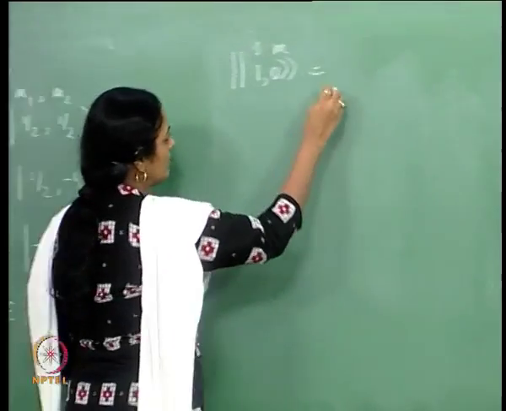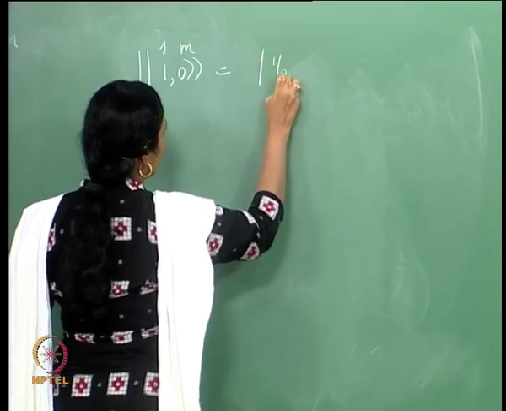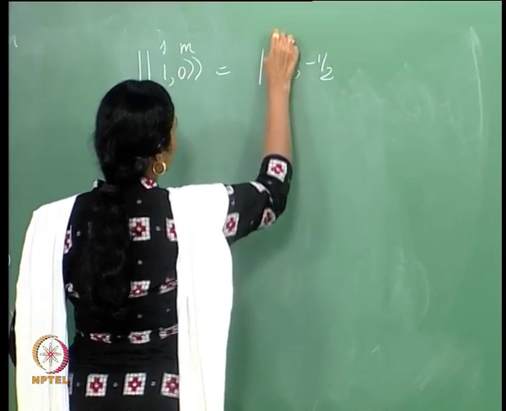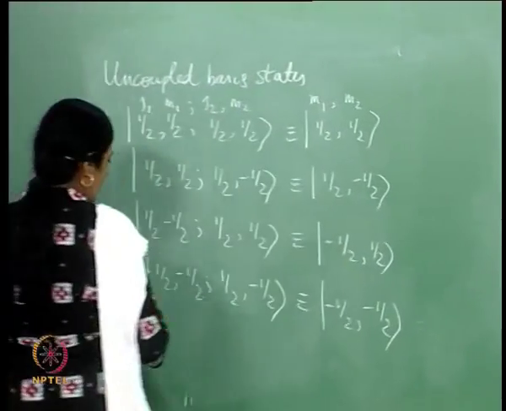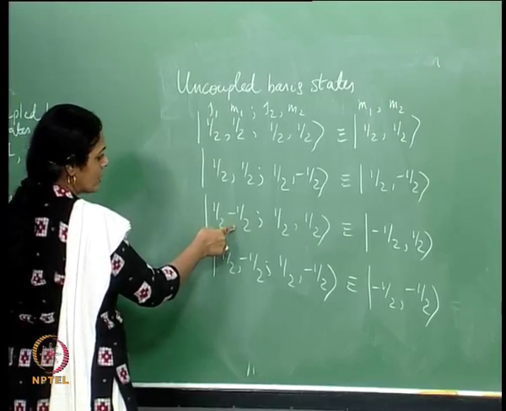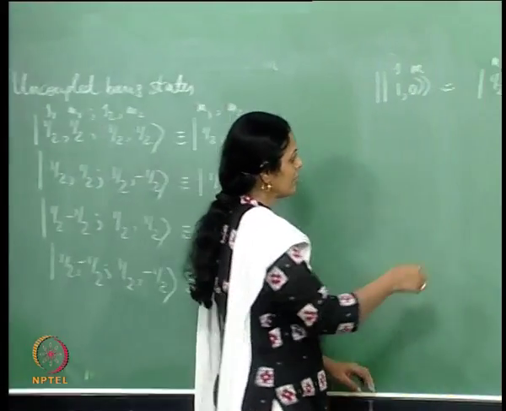So, this would have come from M1 is half, M2 is minus half, but it could also have come from M1 is minus half and M2 is half.